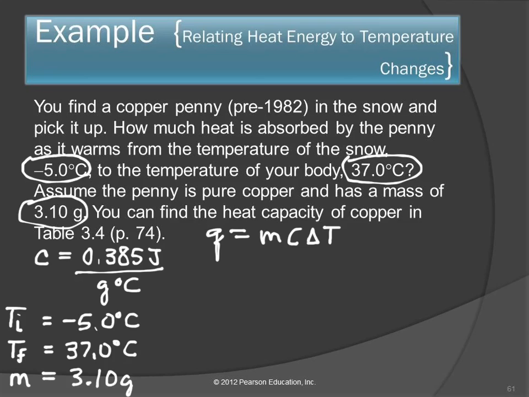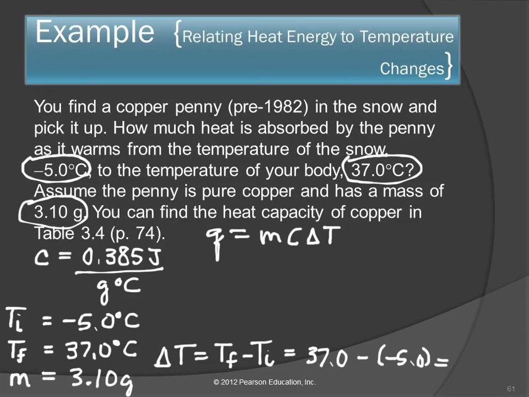The equation has Q, M, C, and delta T. Well, we've got C and we've got M. We need to take these temperatures and make delta T. So I'm going to write that over here down in the bottom. Delta T equals the final minus the initial. So the final is 37, and the minus the initial, which is minus 5.